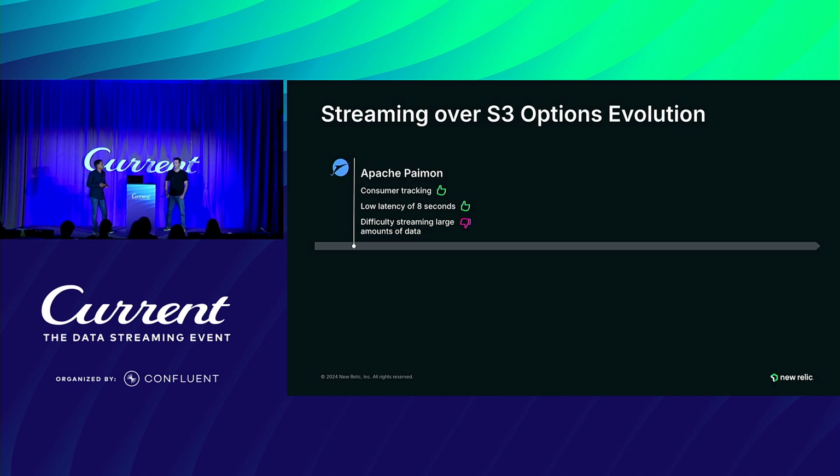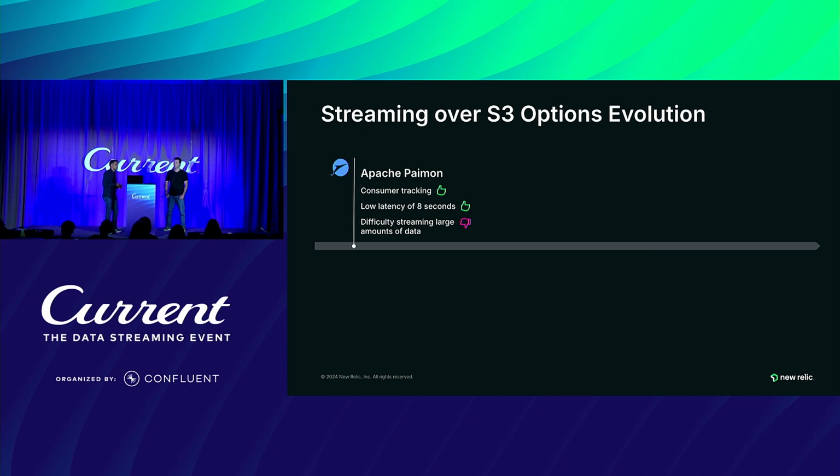So one thing that we liked about Paimon was the consumer tracking feature. It's very similar to what Kafka does with its consumer groups support. Any consumer of Apache Paimon, when it starts the job, you can add a consumer ID. So what Paimon does is it will keep a bookmark, basically a place in the table where you are at while you are reading the table data.